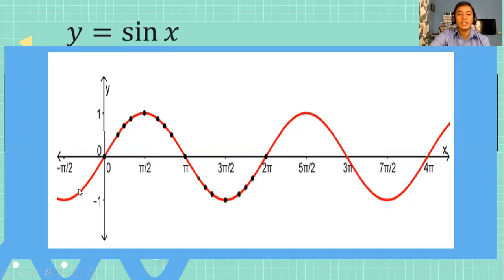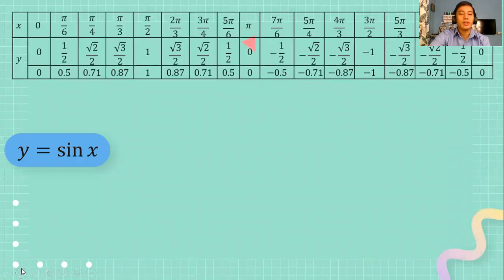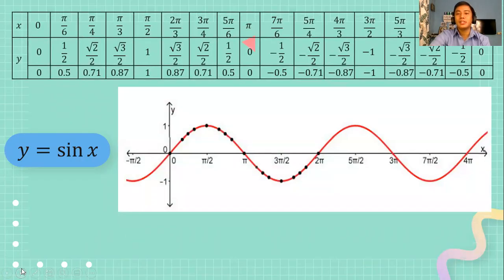And on the other side, we also have the negative angles. It will just periodically show this graph. So let's recall: for y = sin x, this is how the table of values and the graph look.